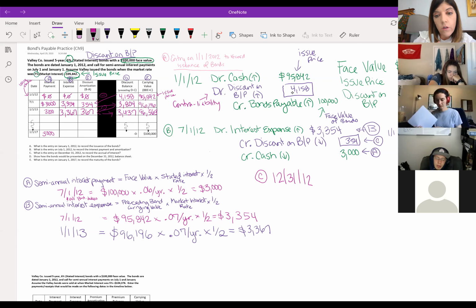If we don't make this adjustment as of December 31st, 2012, our discount on bonds payable would be too high because we wouldn't have amortized the discount until next year. Our carrying value of the bonds payable account would be too high, again, because we weren't amortizing the discount, and interest expense would be too low for this year. It would only account for 6 months of interest, not the full 12.